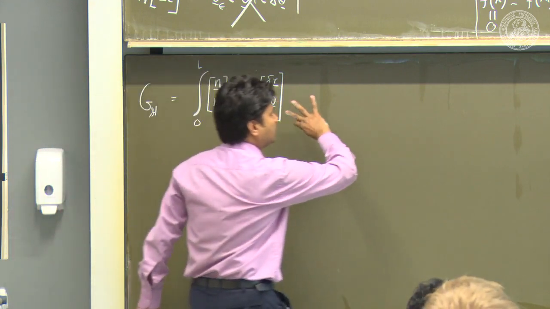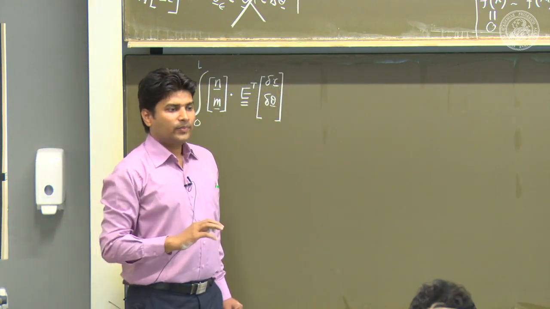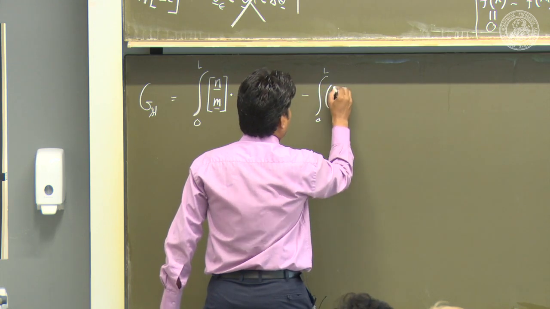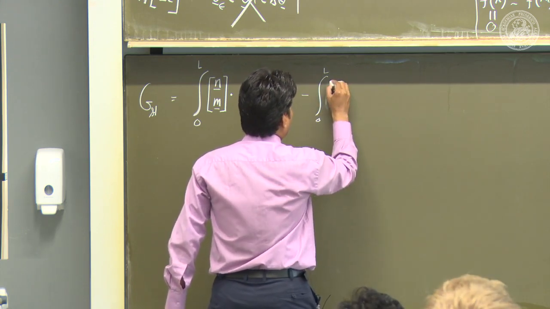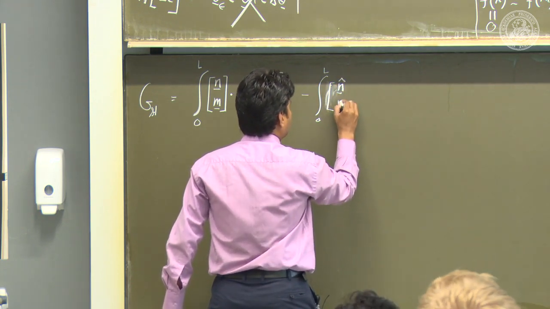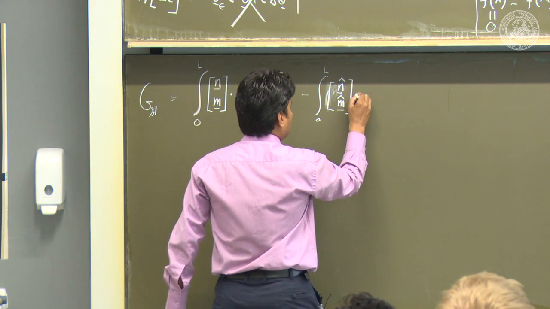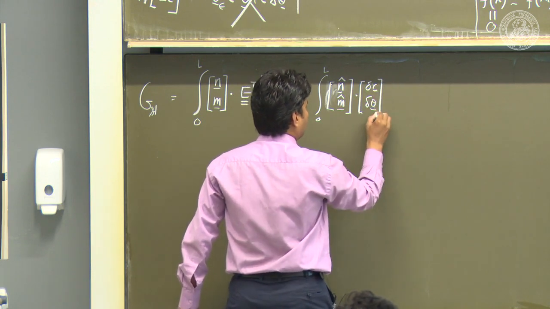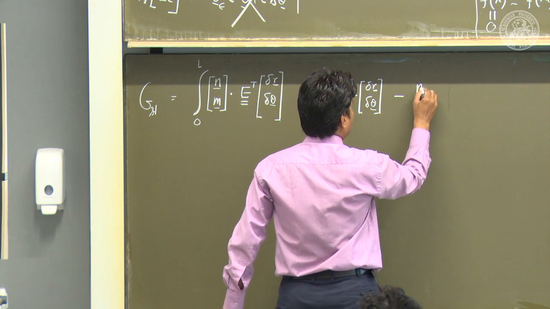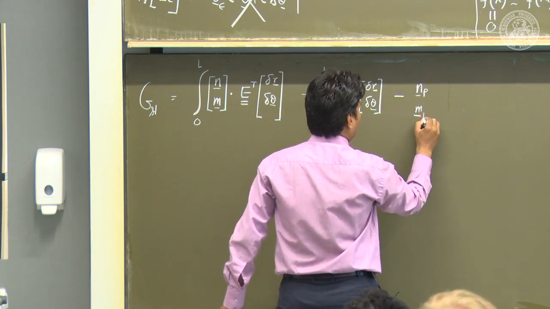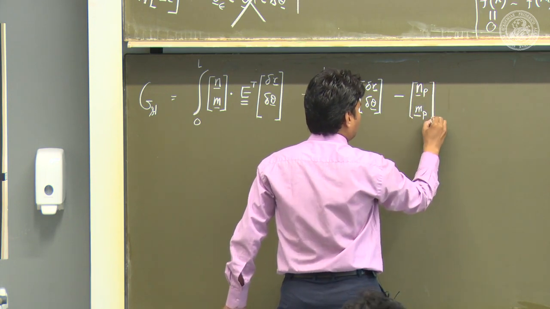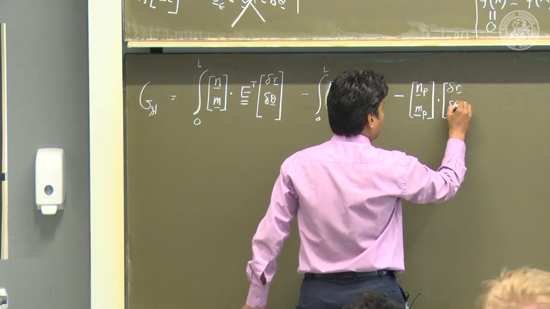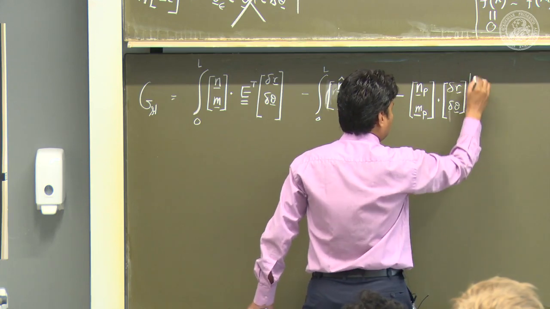Then you had the external terms also, so maybe I will write that down: minus the integral from 0 to L of n hat, m hat dot del r, del theta, minus n p, m p dot del r, del theta, but only at the boundary 0, 1.